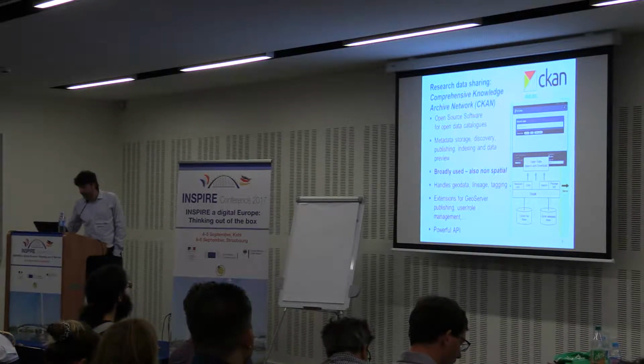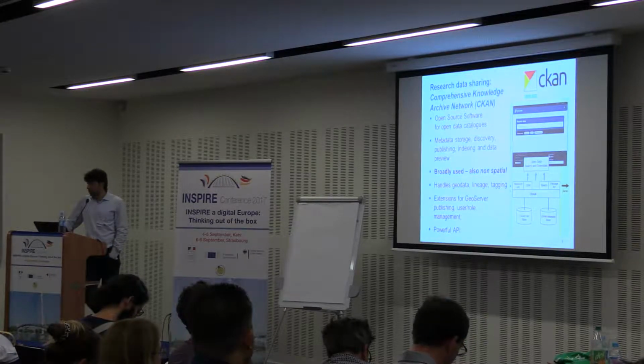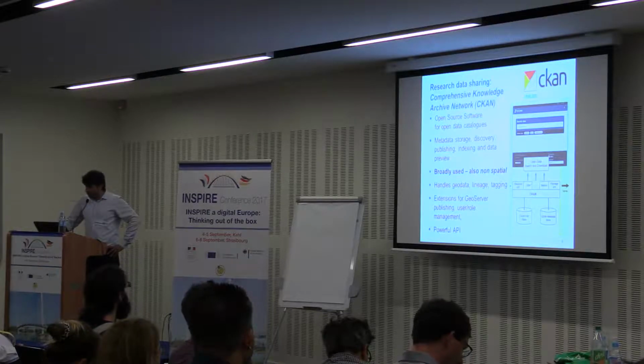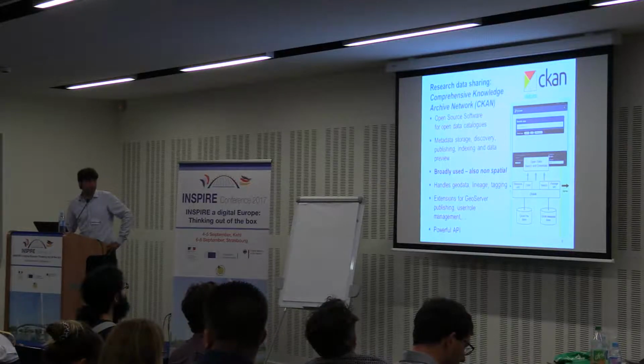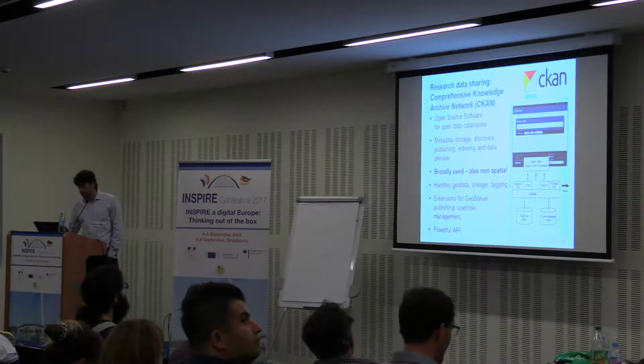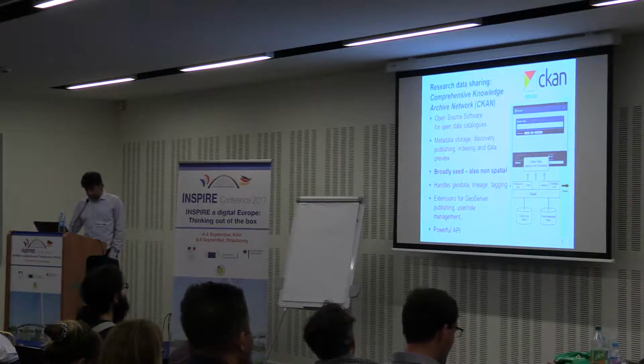So when it comes to the publication, or actually the sharing of the research data, we use, as I said, CKAN. CKAN is an open source catalog from mainstream IT, so it's not only usable for spatial data, but it supports geospatial metadata and of course a CSW interface to provide the metadata as well.